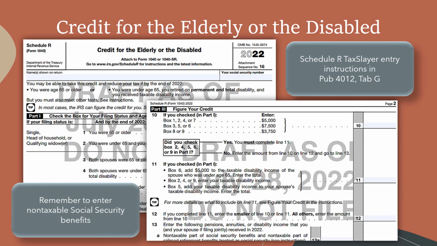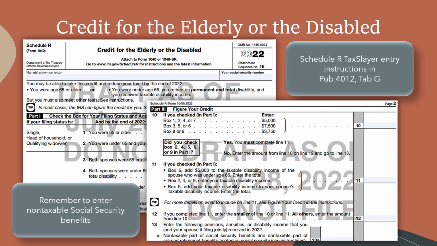If we do see it, though, the information flows onto the return initially on Schedule R, and that's where it goes through the determination of whether our taxpayer qualifies and the calculation. There are some Schedule R and TaxSlayer entry instructions in Publication 4012, so if you do see it, just know that you'll be looking up 4012 to figure out where to enter everything.